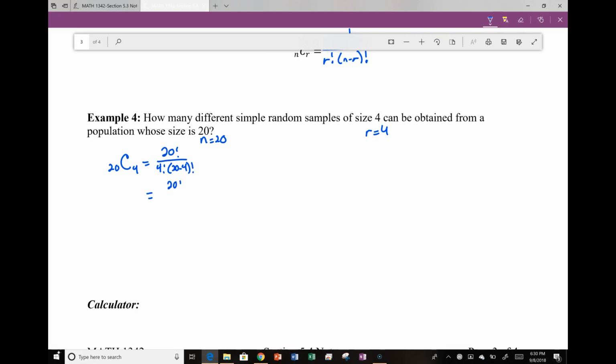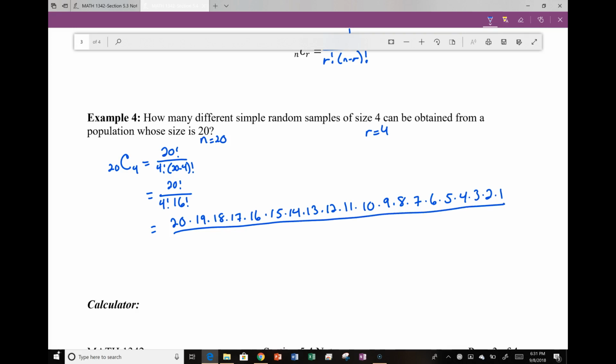This is 20 factorial over 4 factorial times 16 factorial. When I write this out, my numerator is 20, 19, 18, 17, 16, and I'm going to go all the way down to 1.